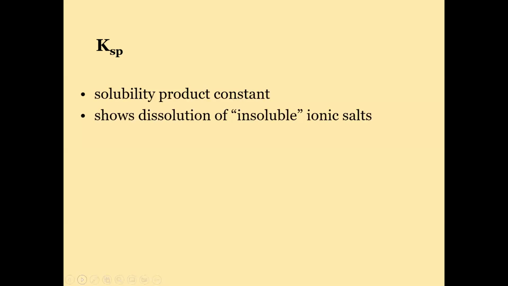So it's going to show the dissolution of insoluble ionic salts. So those salts that, according to our solubility rules, would be a solid. Remember, some of them will still become ions, but it's a very small amount. So we're going to look at that insoluble ionic salt, how much of it splits up into the ions.